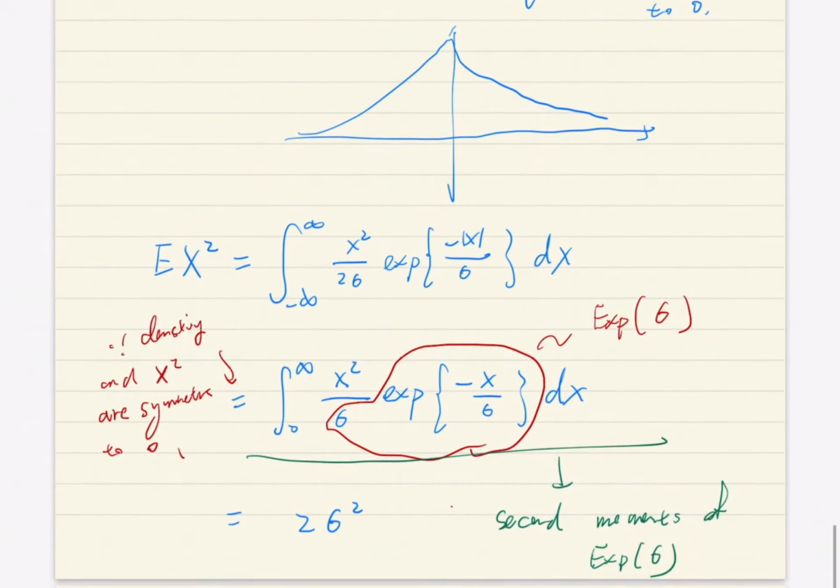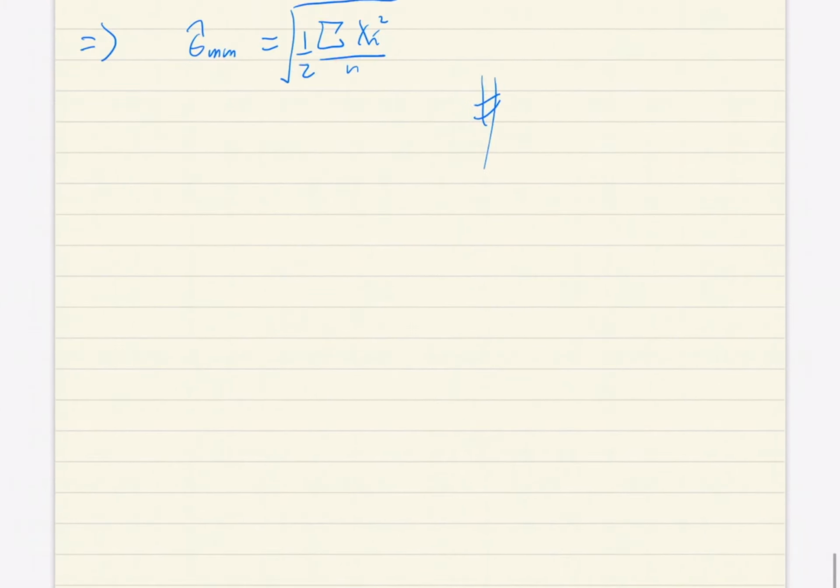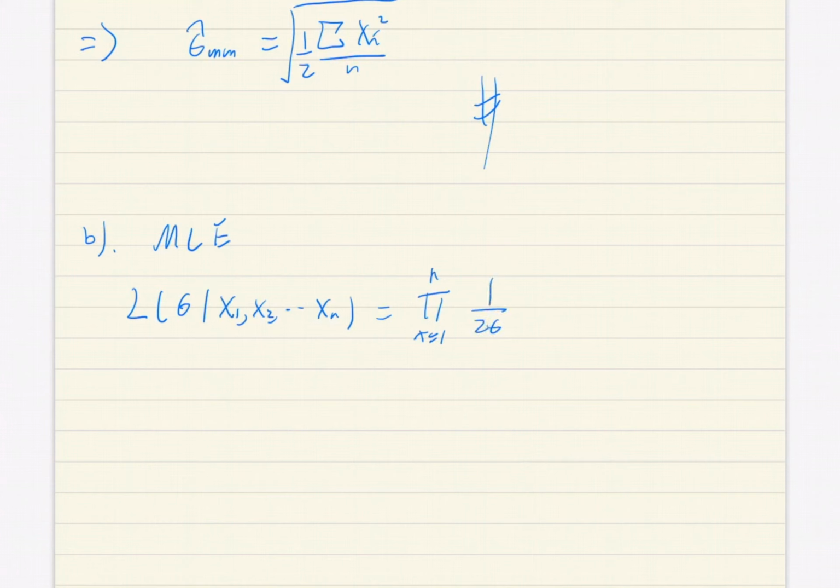Okay. Let's do B. The B is the MLE. So now we have to find the likelihood function. This is a product of the densities. So you will look at this: exponential of the absolute value of xi over negative sigma. Okay.